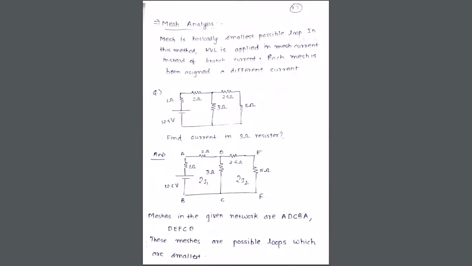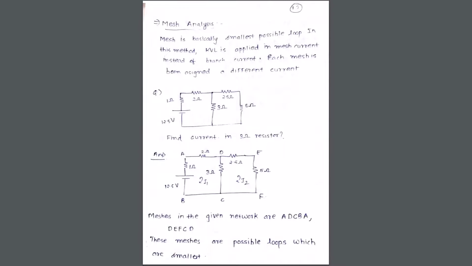If you look at this particular question, they have given you a circuit diagram with a 12.5 volt voltage source, 1 ohm resistor, 2 ohm resistor, 3 ohm resistor, 2.5 ohm resistor and 5 ohm resistor. The question is to find the current through the 3 ohm resistor. So what we are going to do in mesh analysis is assume the currents in mesh 1 and mesh 2.